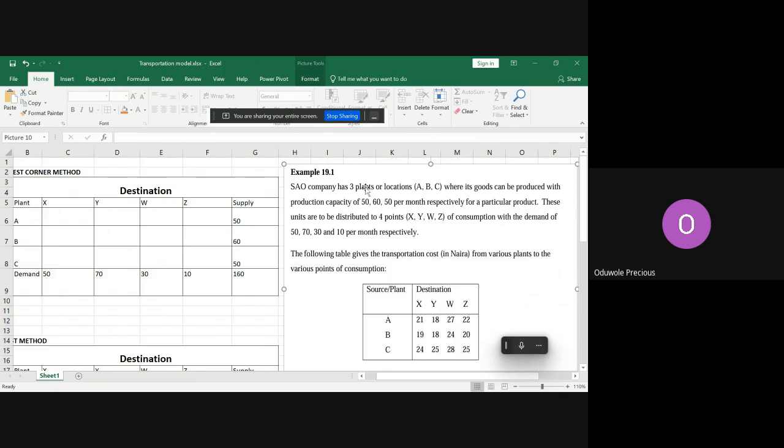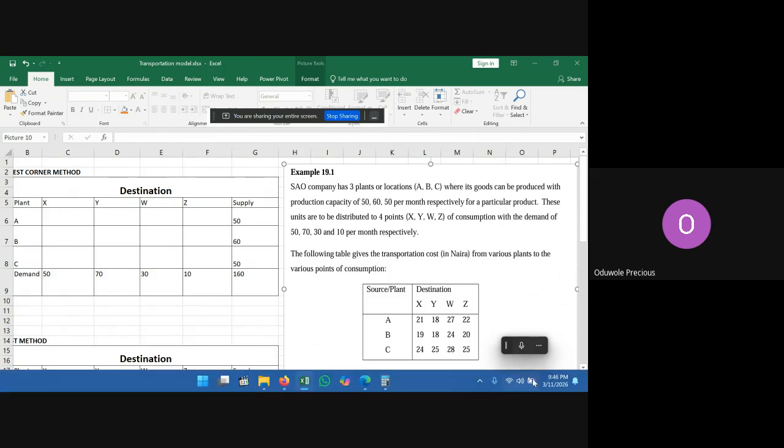You cannot go beyond that. So 50, 60, 50 is your supply. Sometimes they will not tell you this is the supply, but according to the terms here, production capacity, this is our supply per month, respectively, for a particular product.